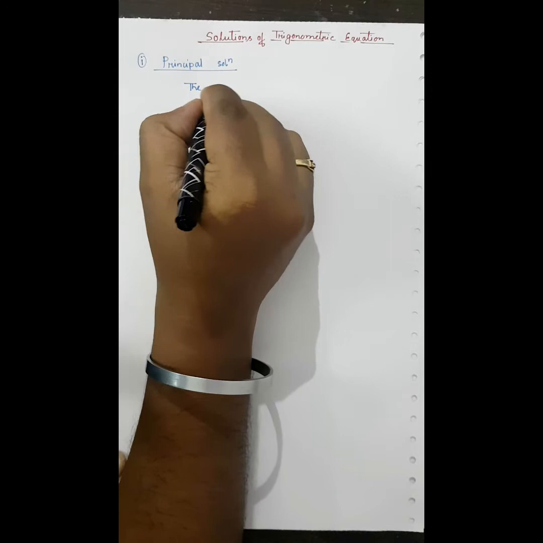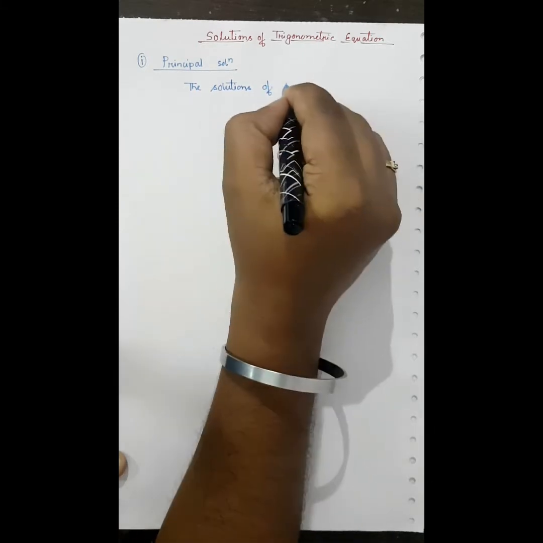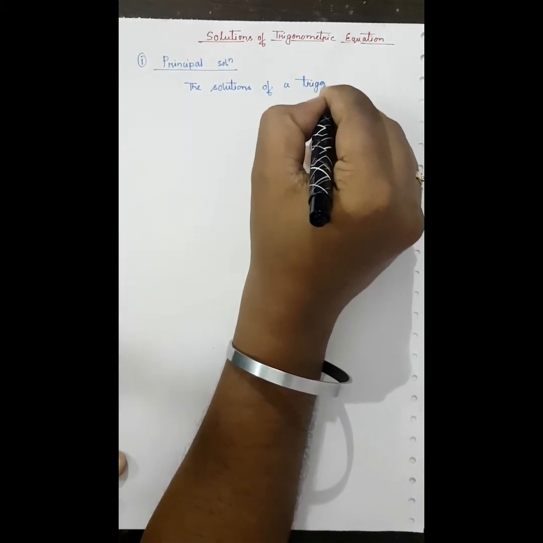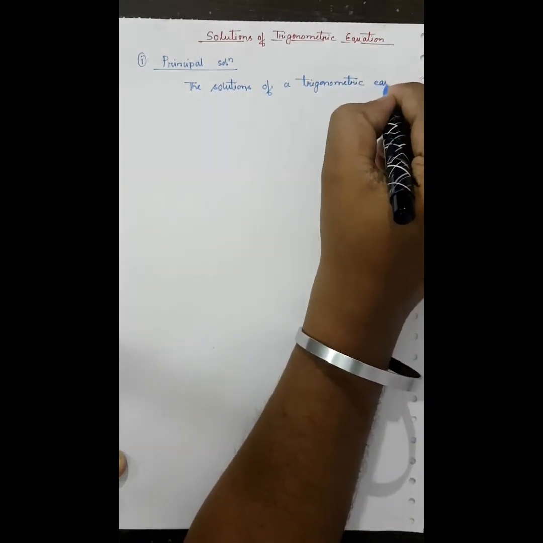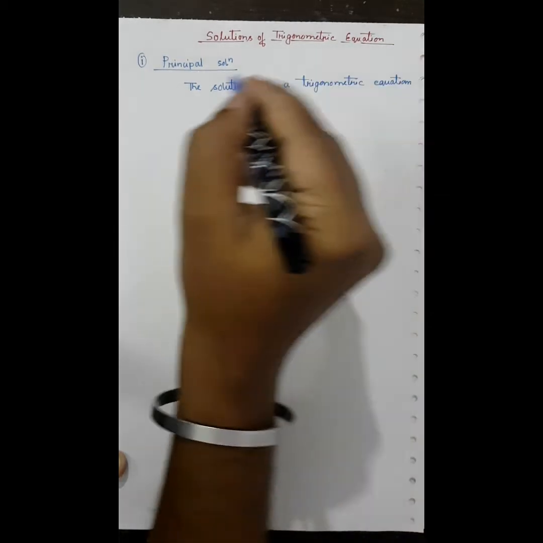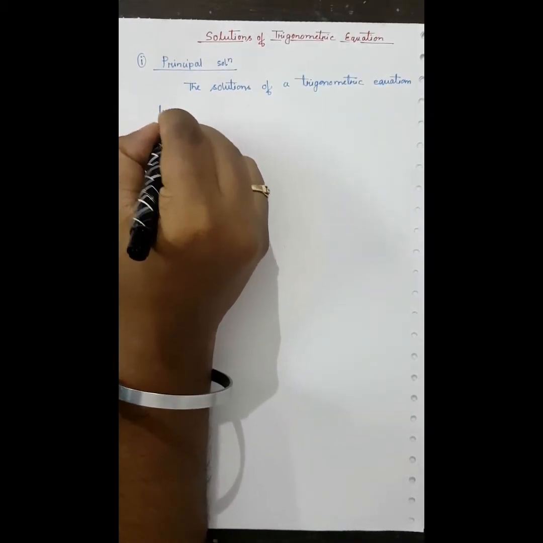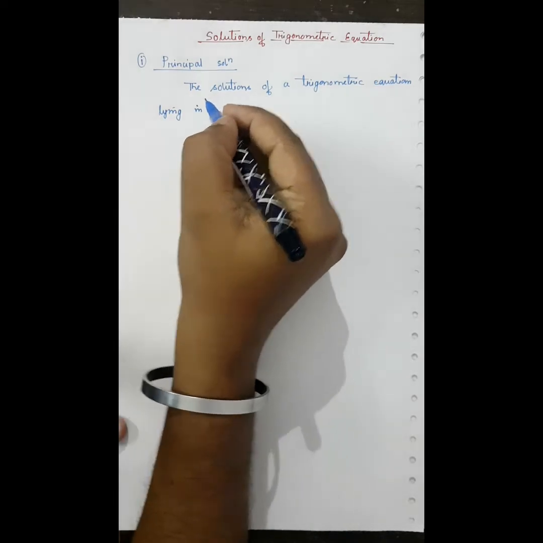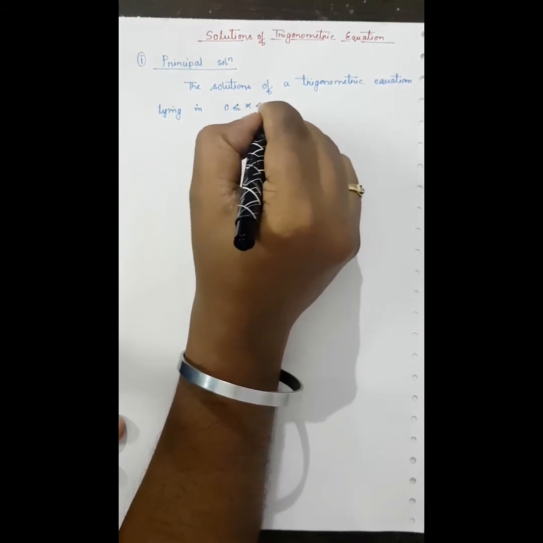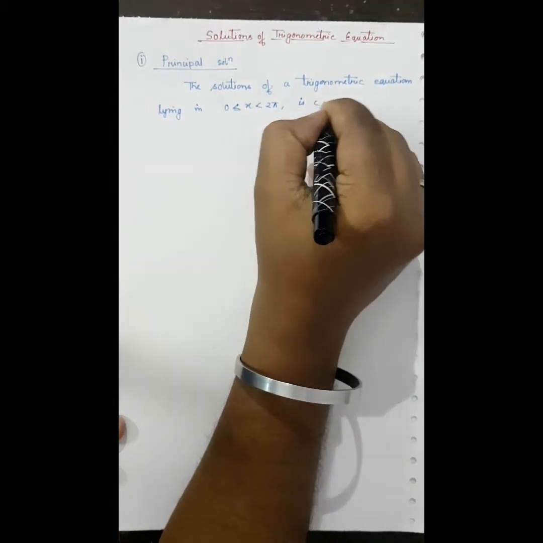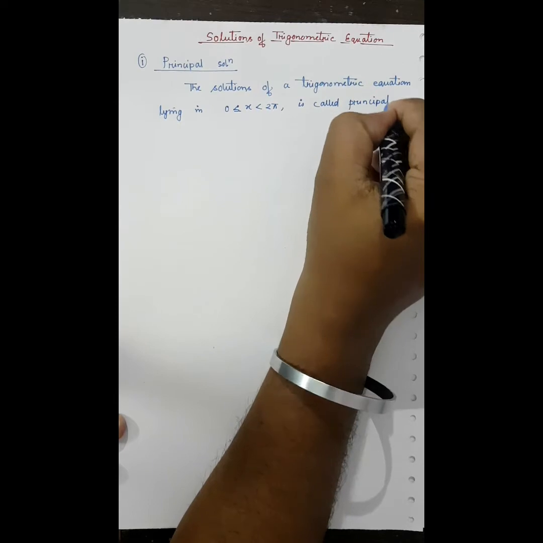The solutions of a trigonometric equation lying in 0 to twice pi is called principal solution.